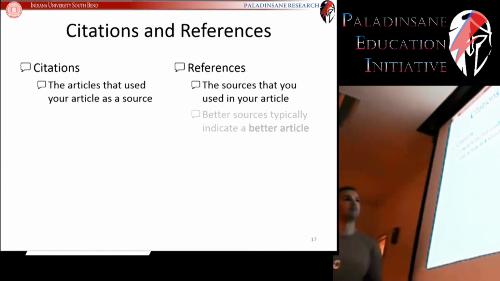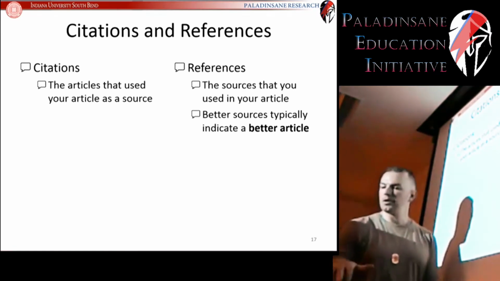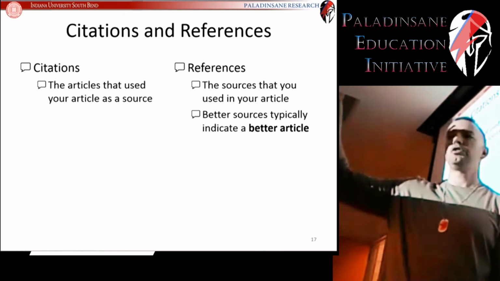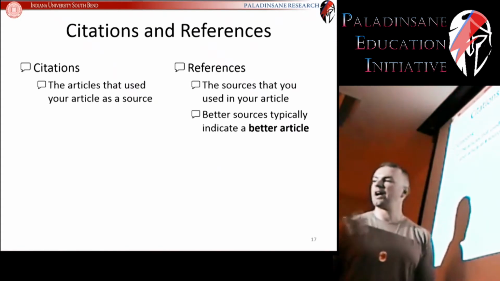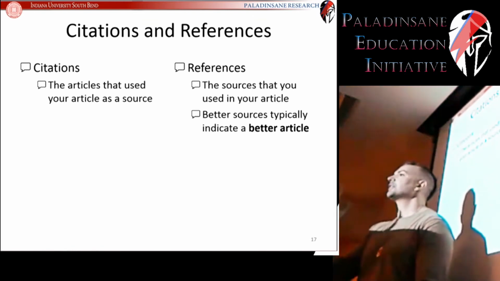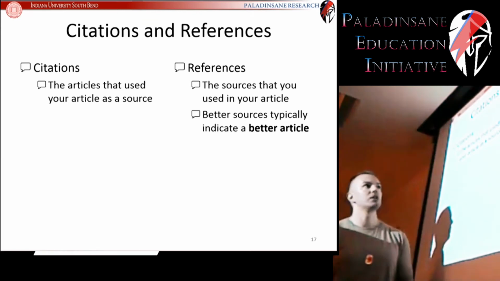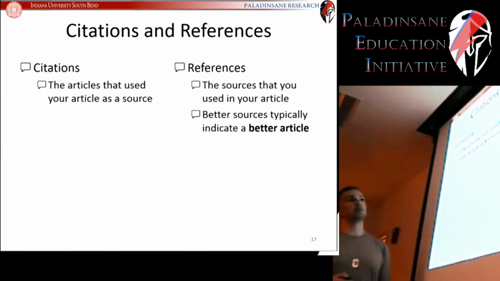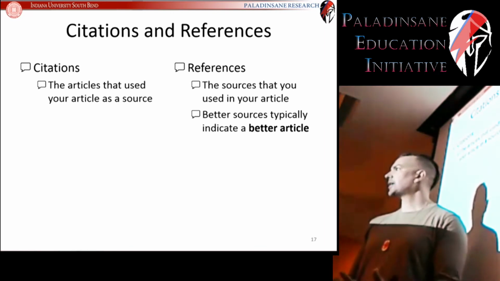If you open up a PDF and go to the reference section, then once you become even a little familiar with an area, you'll start to know what the classic papers and classic researchers are, and you can look for them in the references. And typically, not always, the better the sources are, the better the article.